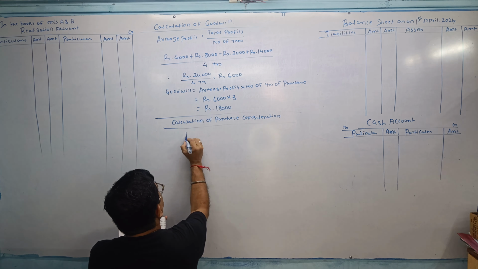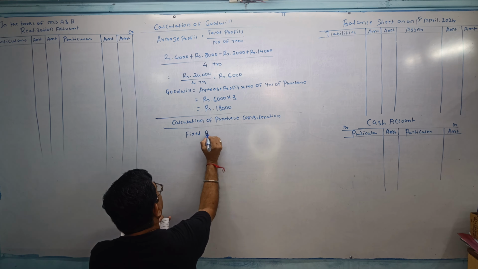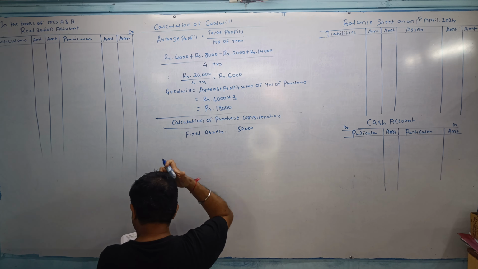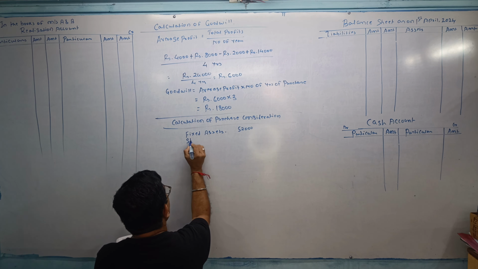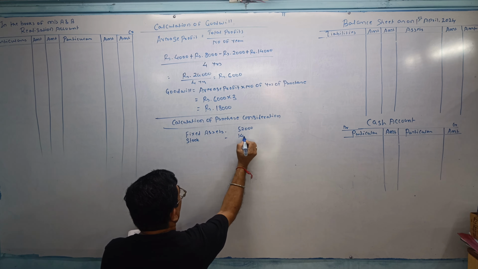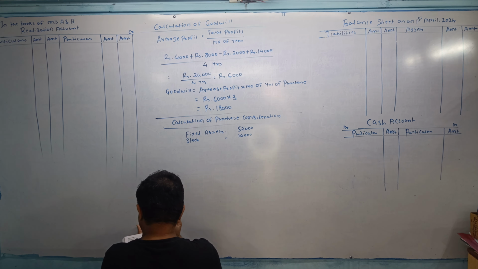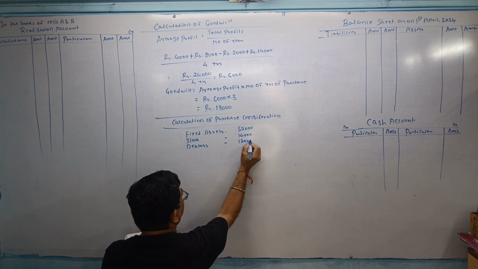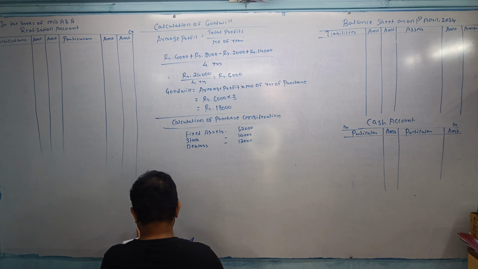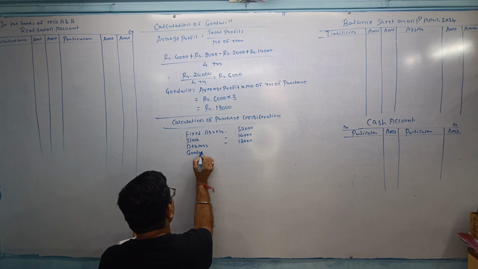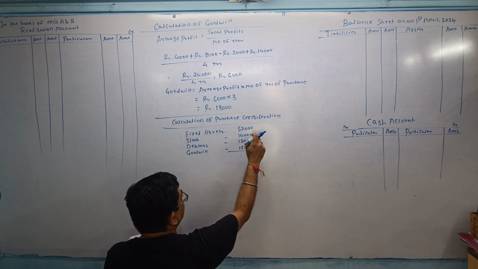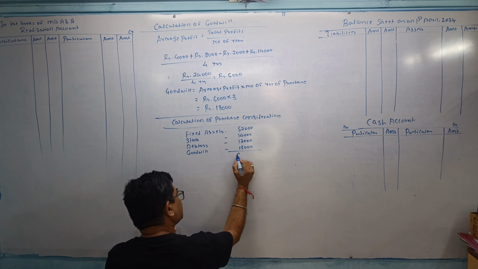So we will write fixed assets 52,000, stock 14,000, then debtors 13,000, and goodwill 18,000. So 52 and 14, 66, 79, 97,000.